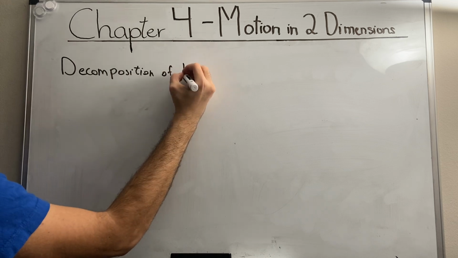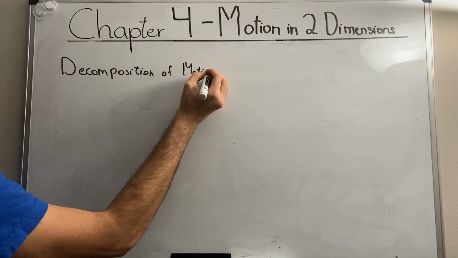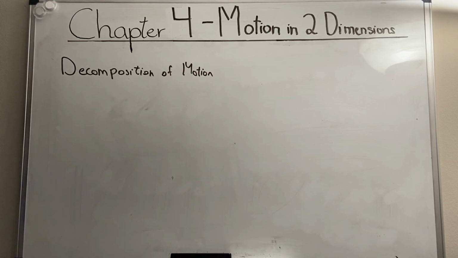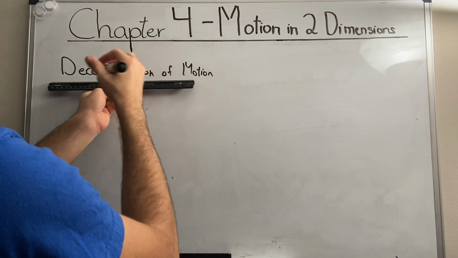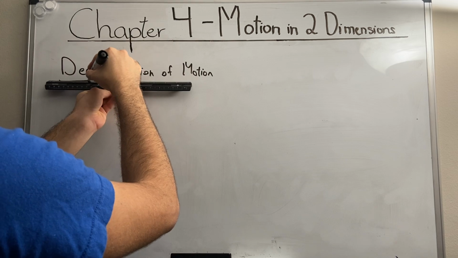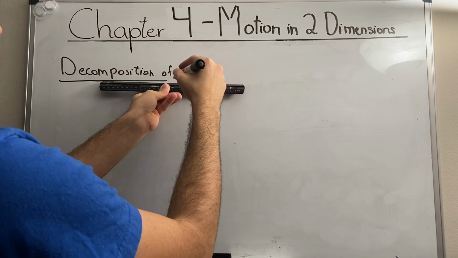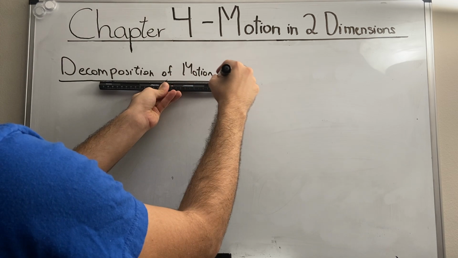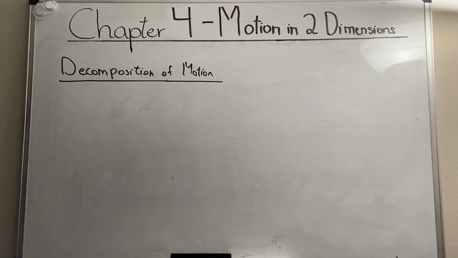Decomposition of motion. Basically, what we'll be doing is breaking down a velocity, for example, or an acceleration in terms of y and in terms of x, the two axes of the two dimensions that we're talking about.